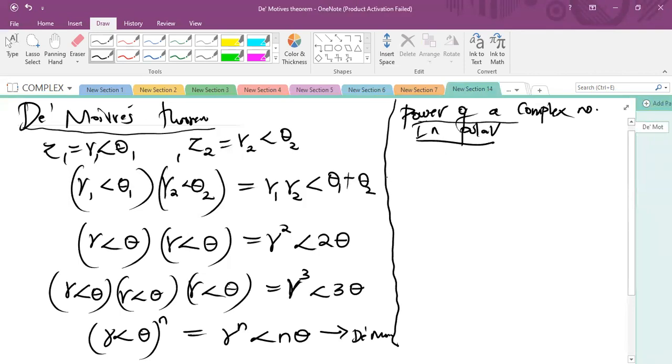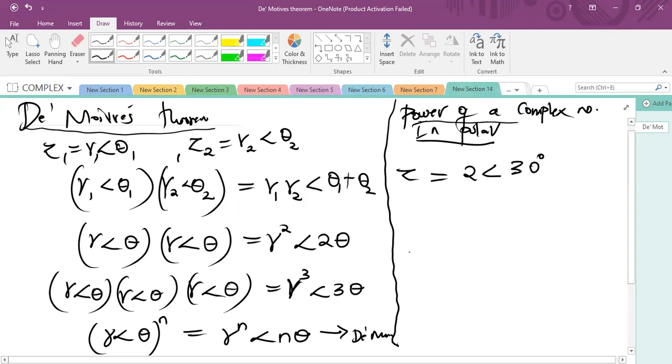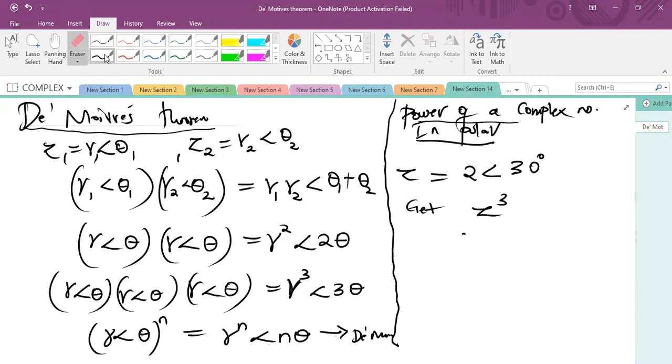So let's say you're given a complex number Z equal to 2 at 30 degrees, and you're told to get Z cubed. How do you go about getting Z cubed? This is the same as taking the value of Z and raising it to power 3.